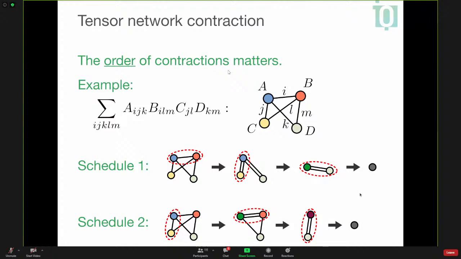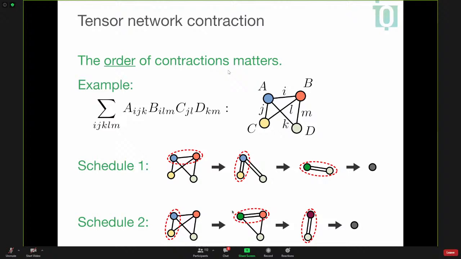But notice the following difference. Here for this first schedule, after the first step, I have built a tensor of rank 4. Now imagine that these indices, each one has a certain dimension, say D, meaning each index takes one of D values. The size of this object here is D to the 4, right?